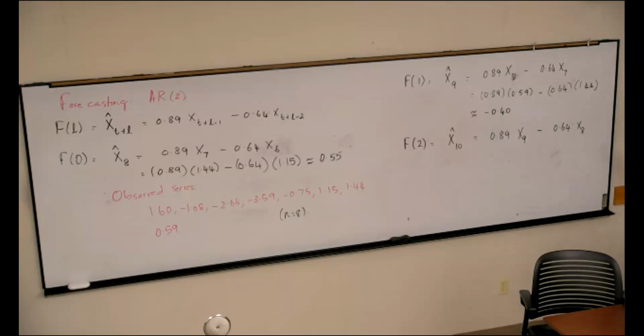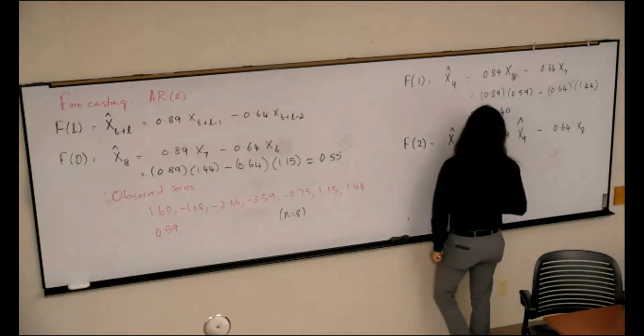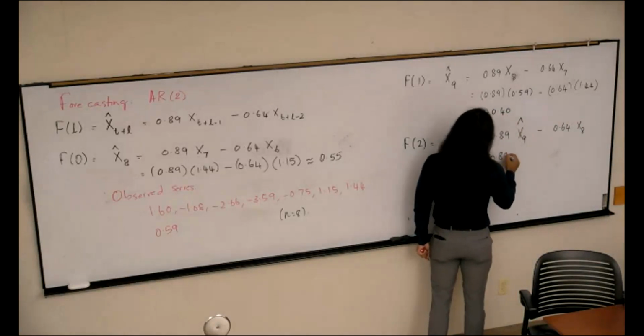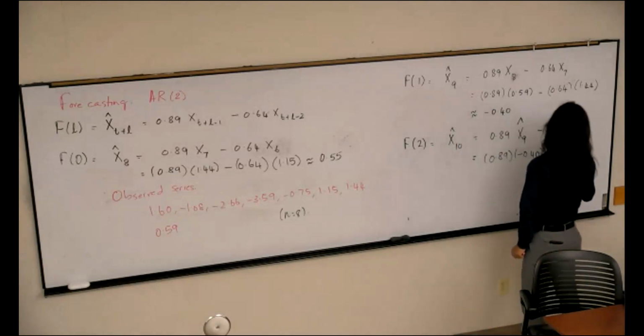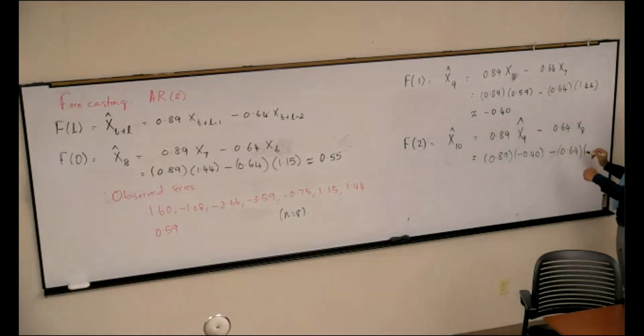Good. Is it okay to write it as x9, or should it go there? Should we go with hat? It should be hat. So we take the previous value, so 0.89 times minus 0.40, minus 0.64 times x8, which is 0.59. What do we get?